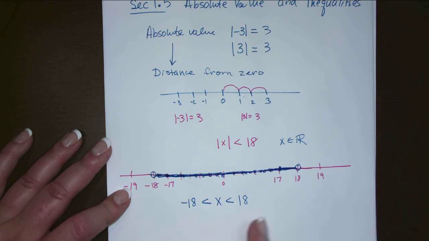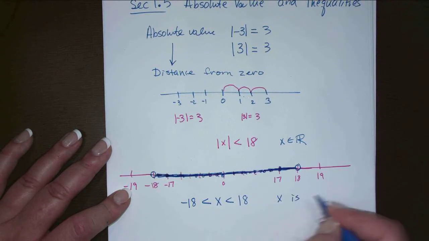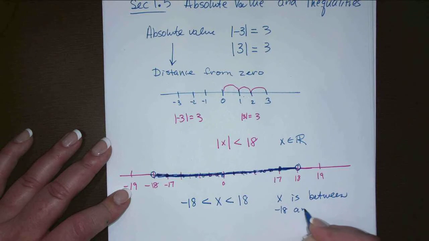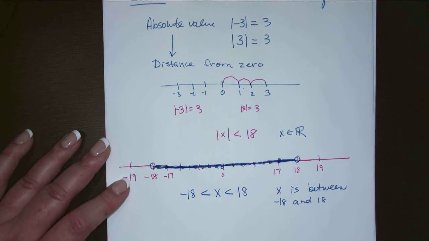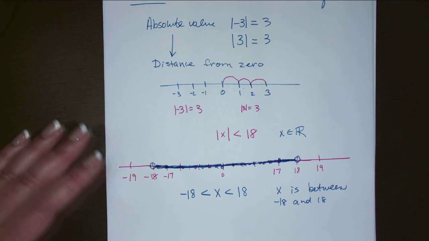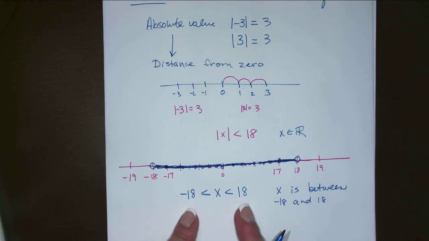If you were to read this to me, you would say x is between -18 and 18, not including the endpoints. You don't say -18 less than x less than 18. You don't read it that way. This is the symbol for x is in between two numbers.